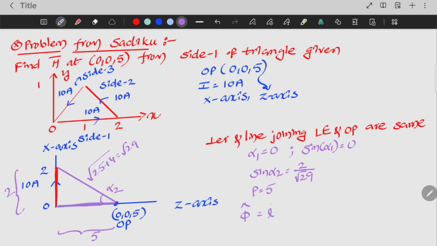Phi cap is given by L cap cross rho cap. L cap should be given according to the current direction. Current is passing in the positive x direction, so it is x cap. It is in cross product with the rho cap. Rho cap means away from the conductor toward the observation point, that is nothing but along the z-axis. So we get the minus y direction.